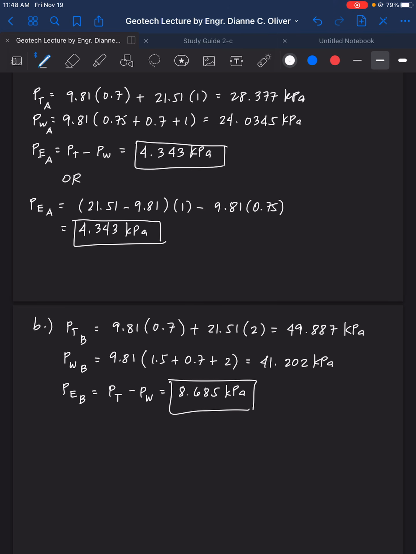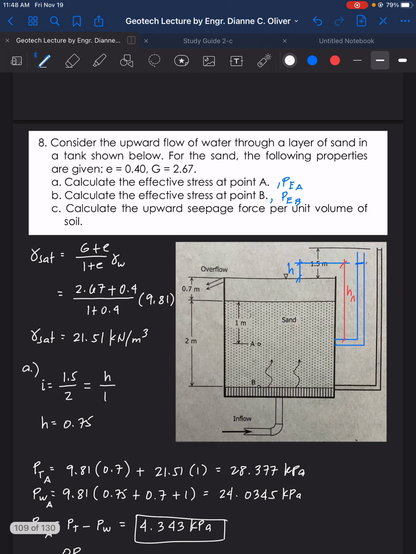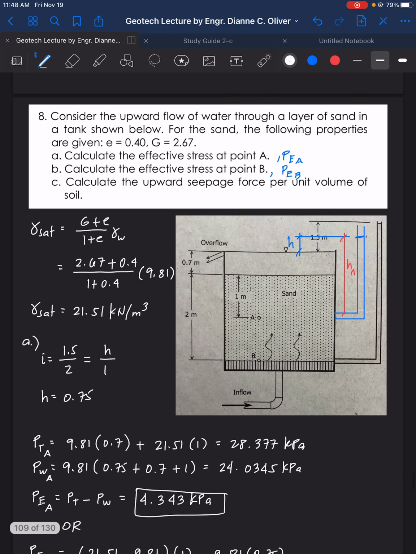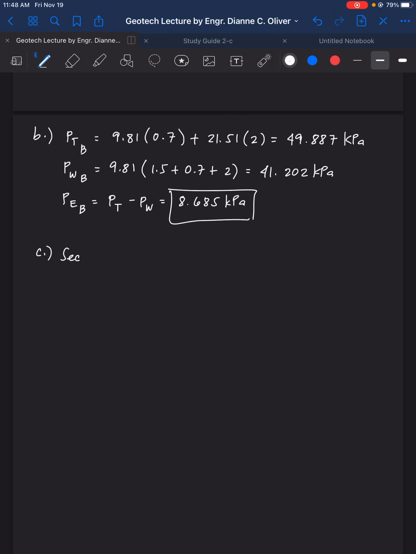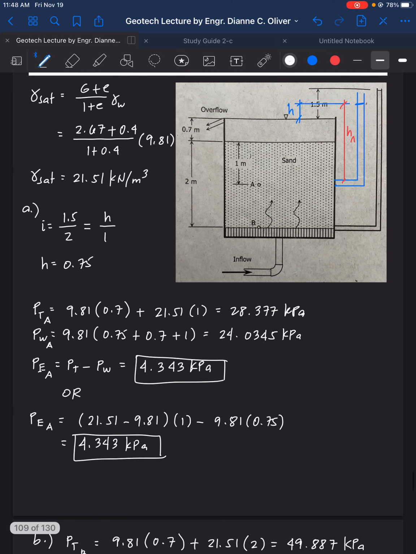Okay, now letter C. For letter C, we have there: calculate the upward seepage force per unit volume of soil. So the seepage force per unit volume of soil is equal to i, the hydraulic gradient, times gamma water. A while ago, did we compute the hydraulic gradient?